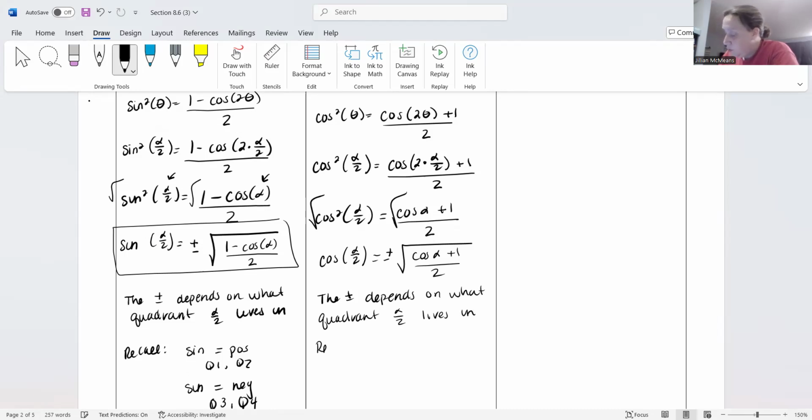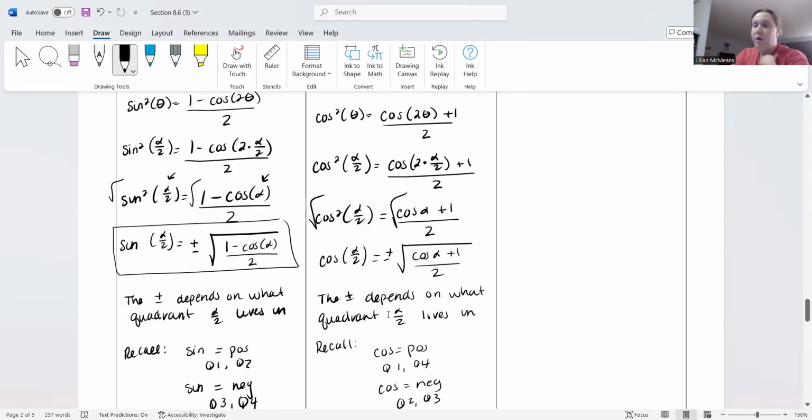And remember, when we're dealing with cosine, cosine is positive in quadrants 1 and 4. Okay, so remember that. And cosine is negative in quadrants 2 and 3.